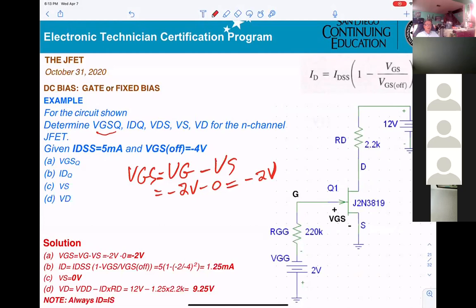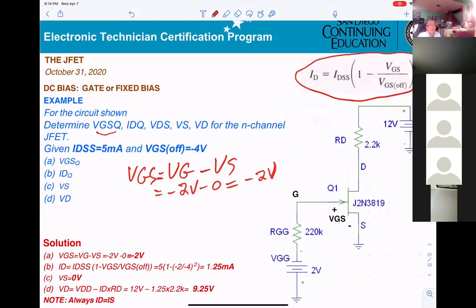If you do not follow it, let me know. The thing is, this one you have to do all the time. And then they want to calculate the IDQ. ID will be calculated by this formula in here.